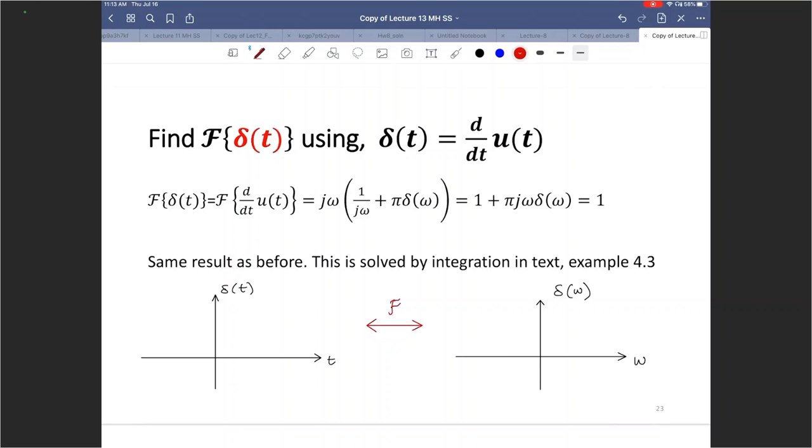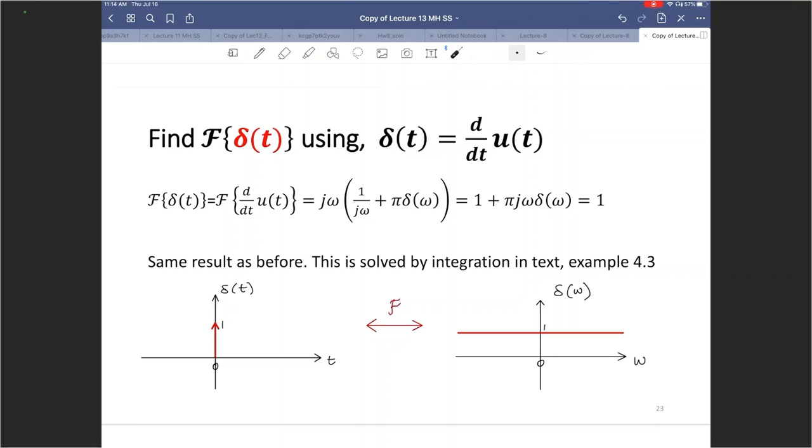On the left side, we have an impulse, with a weight of 1 at time 0. And the Fourier transform of that is a 1. All frequencies are present.